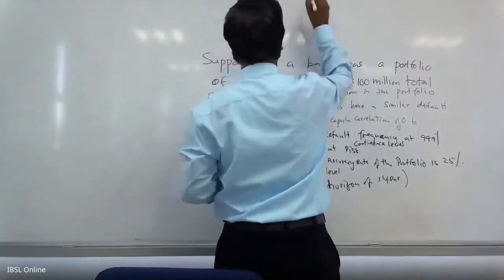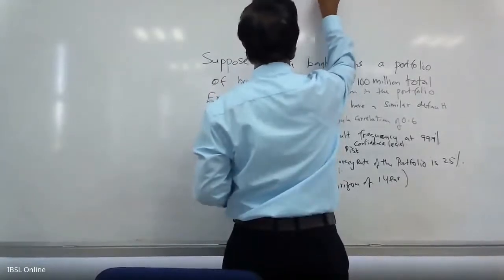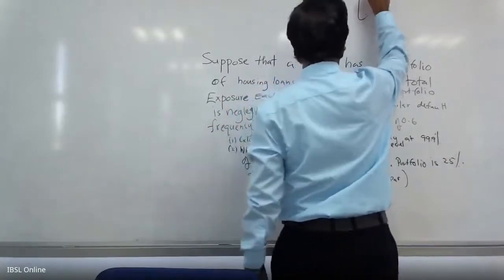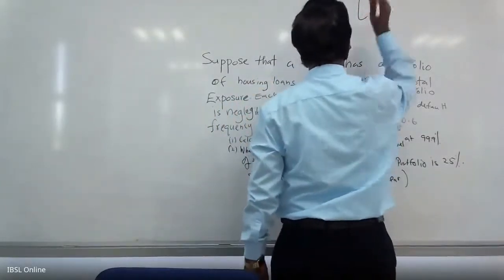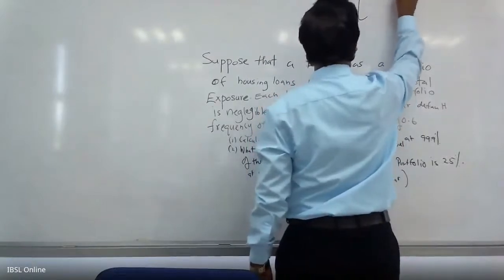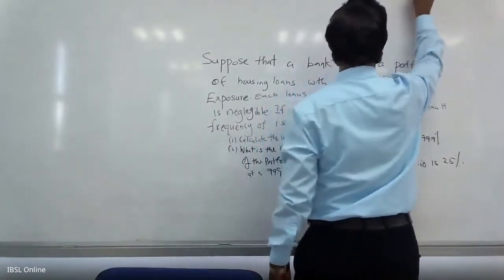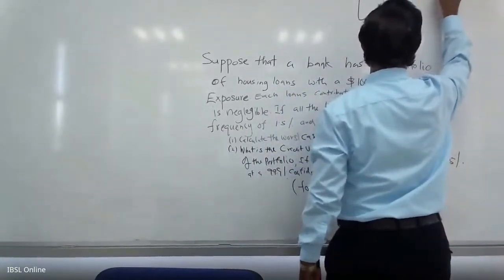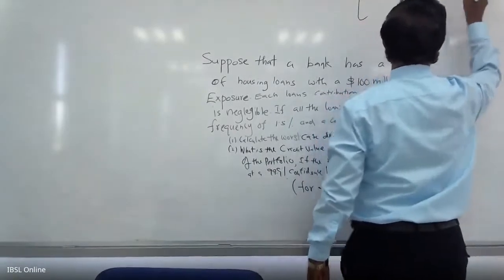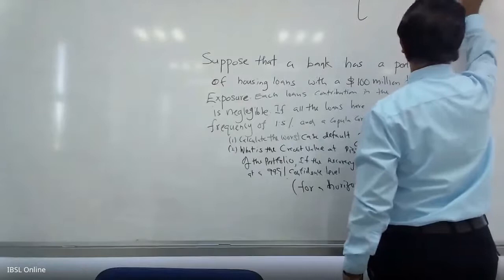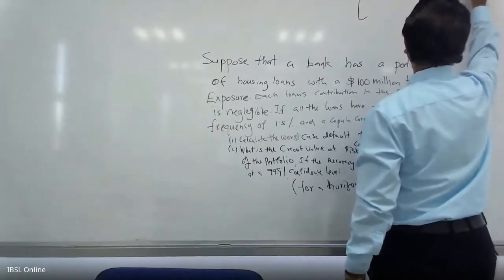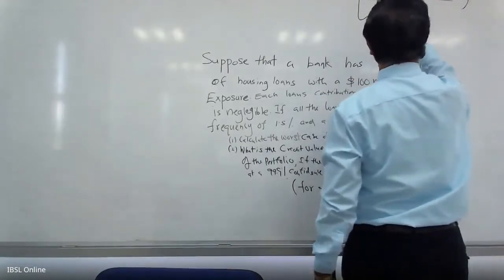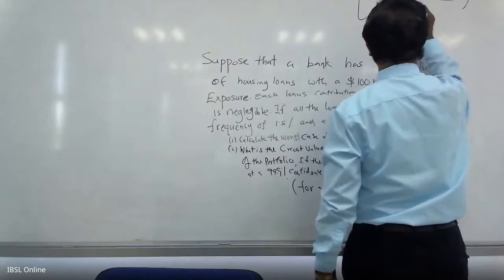WCDR at X is equal to N of minus inverse N of EDR plus square root of rho into minus X, divided by square root of 1 minus rho.